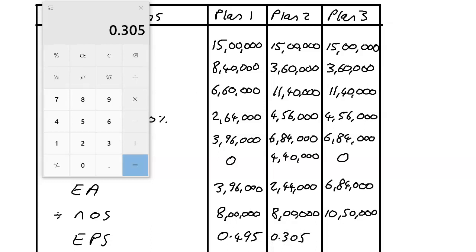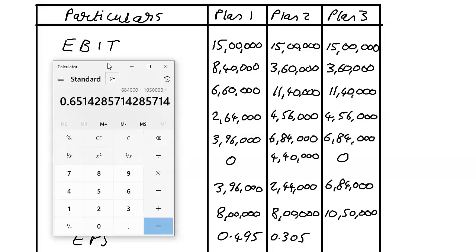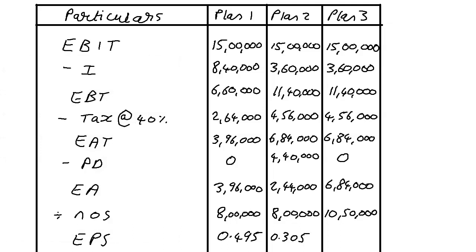And 6,84,000 divided by 10,50,000 gives us 0.6514. Everybody else is 3 decimal places, so we'll stick to that, 0.651. We take whichever has the highest EPS, and therefore plan 3 is what's taken.